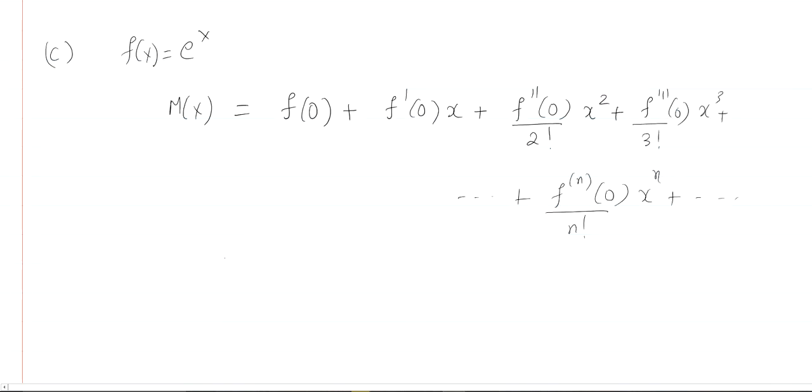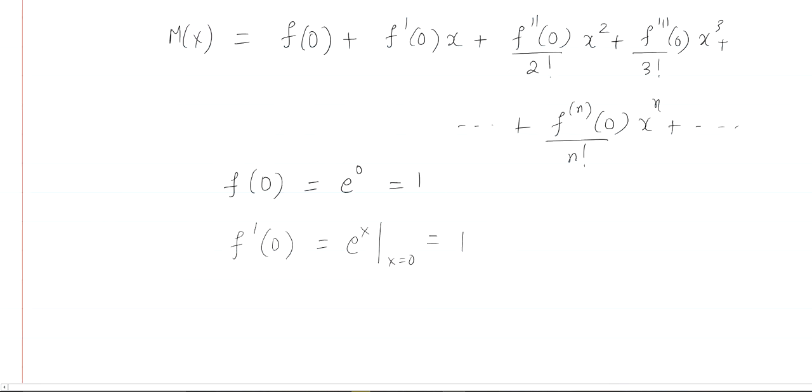So let us evaluate this for e to the x. If the function is e to the x, f of 0 happens to be simply e to the 0, which is 1. So that's easy. f prime at 0 is going to be the derivative of e to the x, which is simply e to the x, but we're going to evaluate it at x equal to 0, which also happens to be 1. And if we notice, we'll see that all the derivatives evaluated at x equal to 0 will be 1.